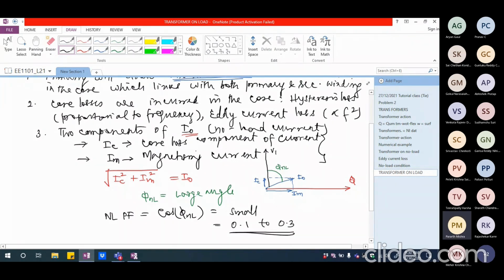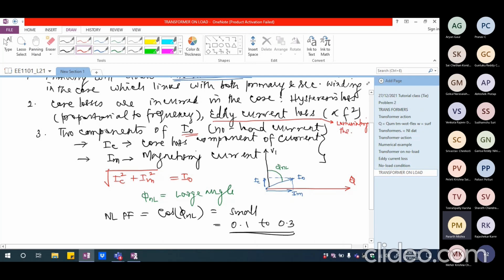Maximum this will change from 0.1 to 0.3, nothing more than that, because we tend to reduce the eddy current losses as much as possible by laminating the core. So these eddy current losses are reduced by laminating the core.